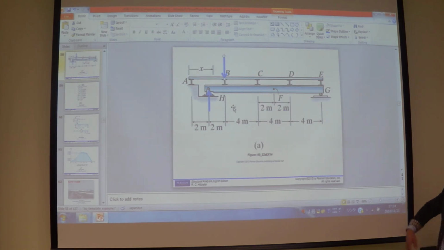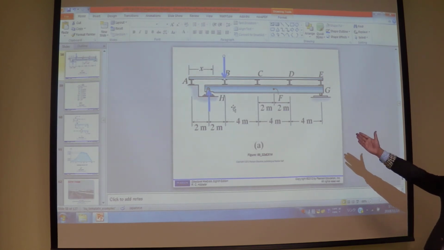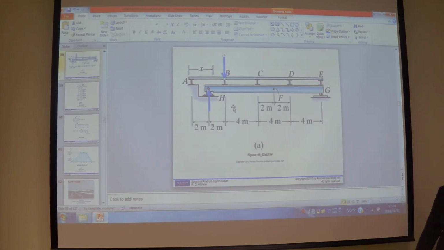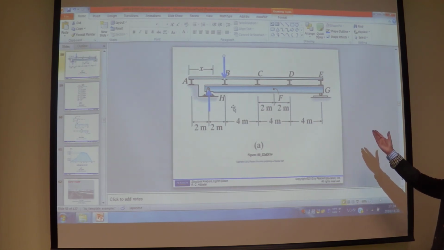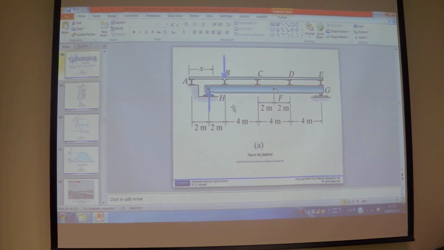How much will be the reaction at point H? Now the load is at point B. It's just like a simply supported beam, the load at point B. No more complication. 0.5.